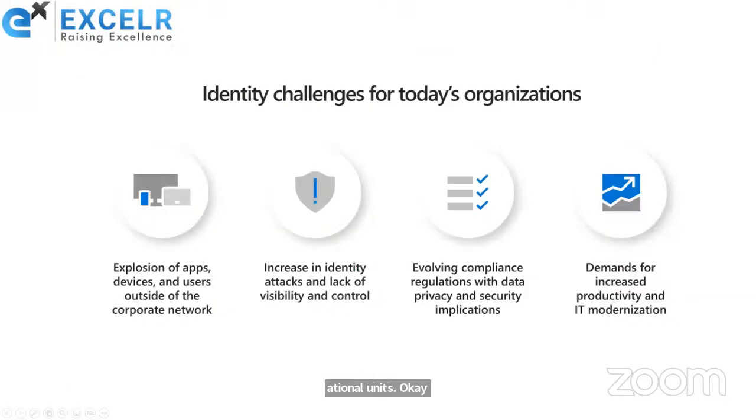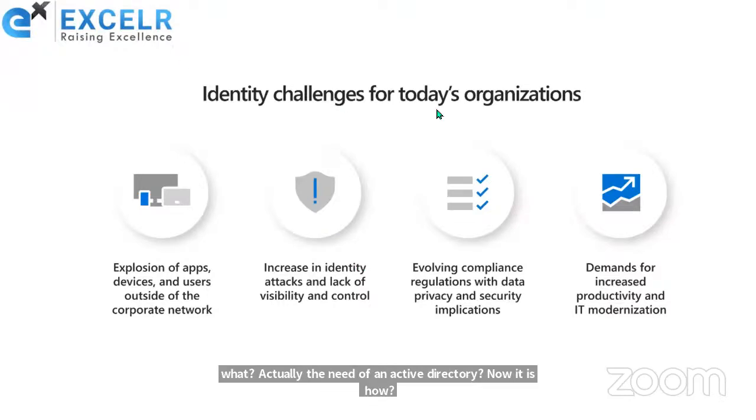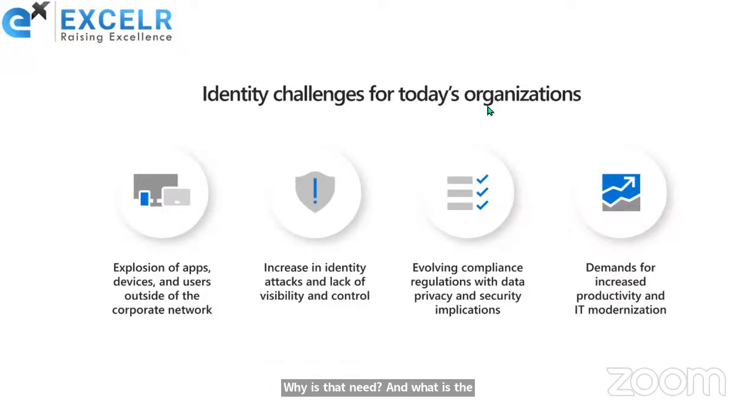So what is actually the need of an Active Directory nowadays? What is the requirement of Active Directory? Identity challenges for today's organizations. Identity challenges means each organization should have a separate domain, a separate authentication system, a separate Active Directory. Active Directory is simply nothing but a telephone directory.